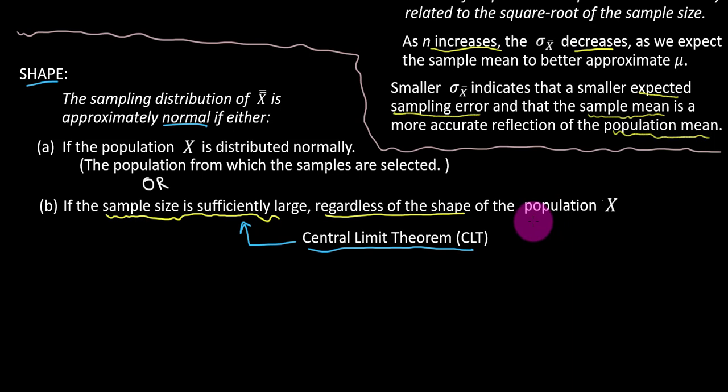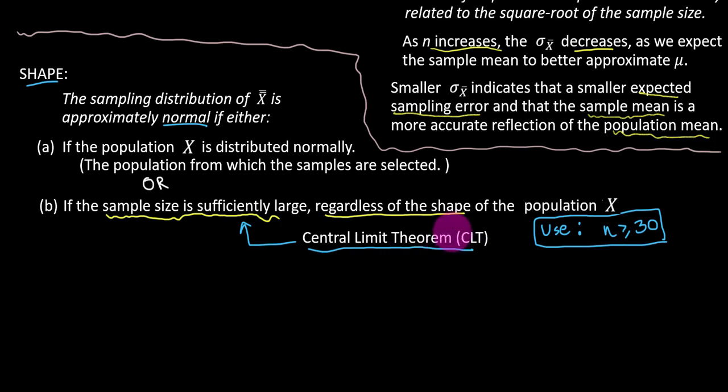For the purposes of our course, we're going to put a pretty conservative number on this just to blanket all possible reasonable scenarios. And so we're going to presume that a sample size of 30 or more is going to be sufficient to implement the result of the central limit theorem.